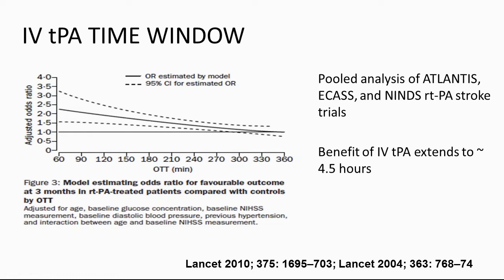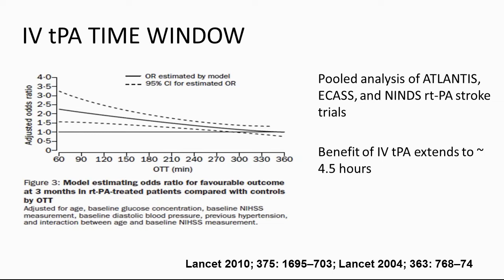And it was in part this model that led to subsequent trials emphasizing what we here call the drip and ship, meaning make the diagnosis, make sure they're not bleeding, drip the IV TPA in, and then ship them via ambulance, helicopter, whatever means of transportation necessary to some place where something more could be done.